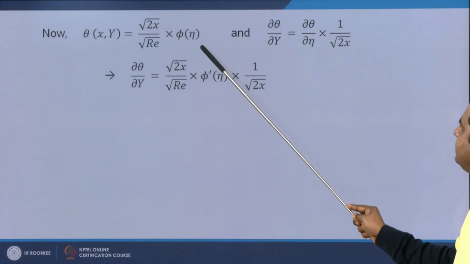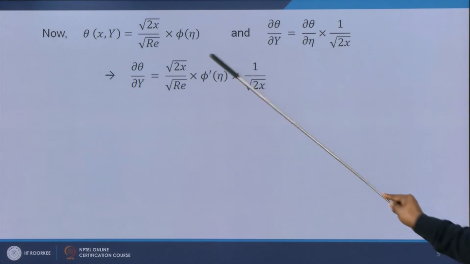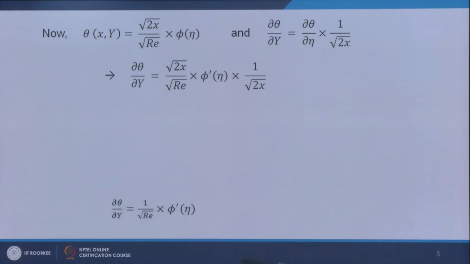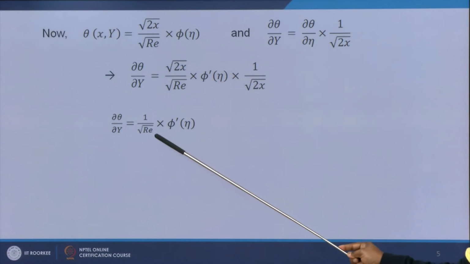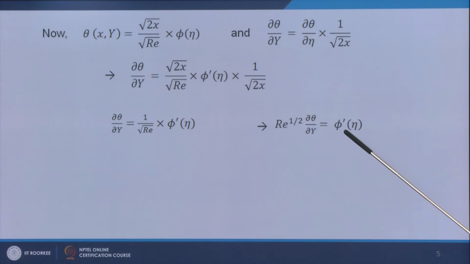The only function of eta is phi, so this became phi dashed, and 1 by root over 2x remains over here. These two terms can be cancelled in this equation. It simplifies to phi dashed by root over Re. So it can be written phi dashed equals Re to the power half del theta by del y.